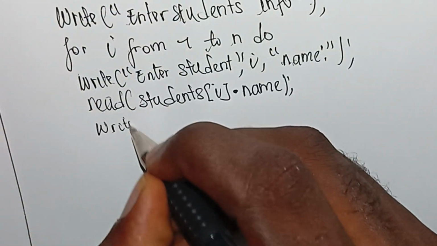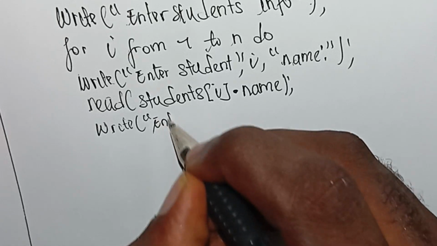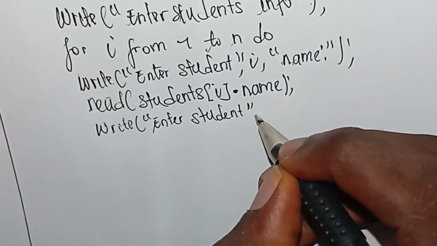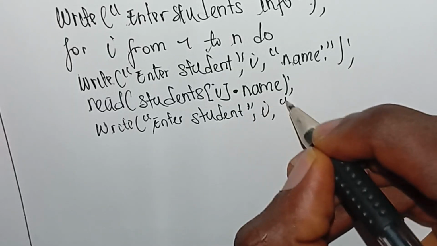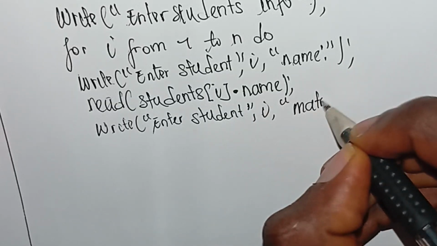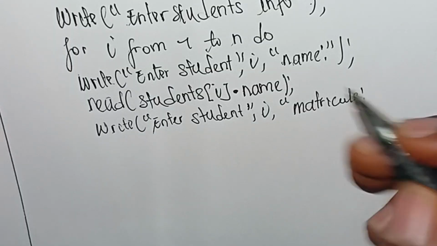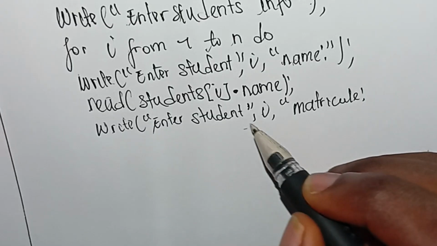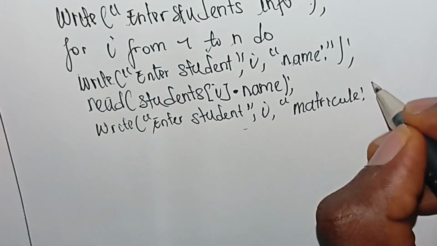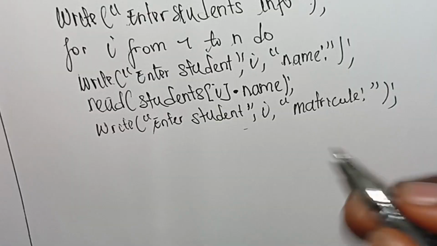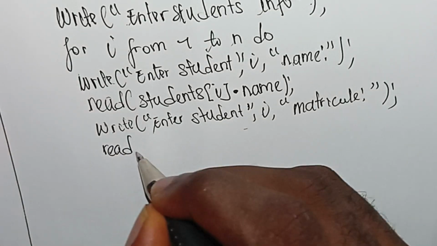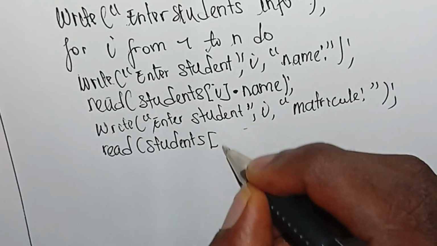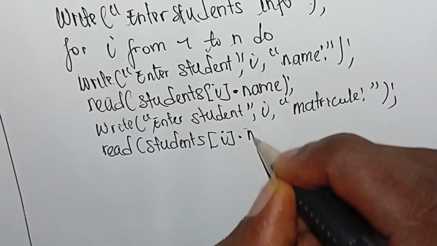So we want another write line, right? Enter student at the index of I again, but this time matricule. So it's still the first iteration, so I will still be 1. So this will be read as enter student 1 matricule. And we want to close that, semicolon at the end, and we read students, because students is the name of our record, at the index of I dot matricule.